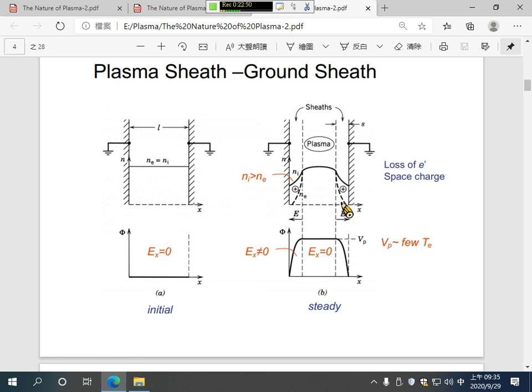So the surface will be bombarded by electrons and ions.